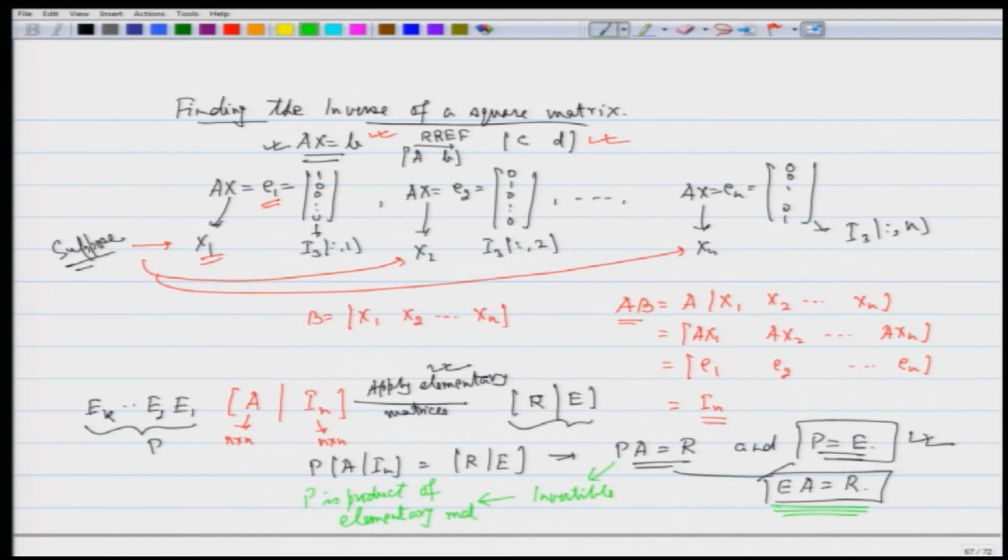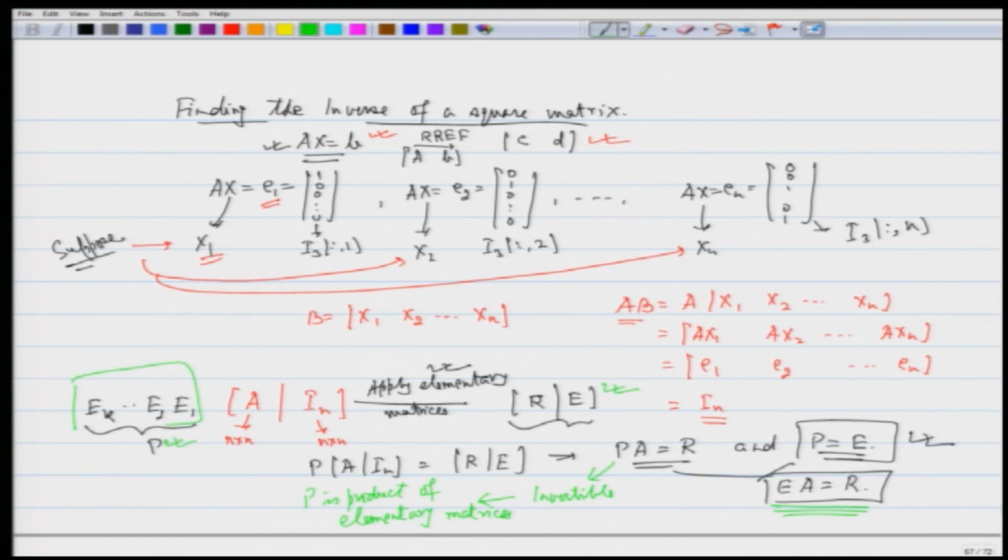elementary matrices. Fine. So, again let us understand that I have A and identity, I started with that, I am applying elementary matrices, I have got R comma E, fine. So, what I am doing is that I have multiplied elementary matrices, say E1, E2, Ek. This I am writing as P, fine.